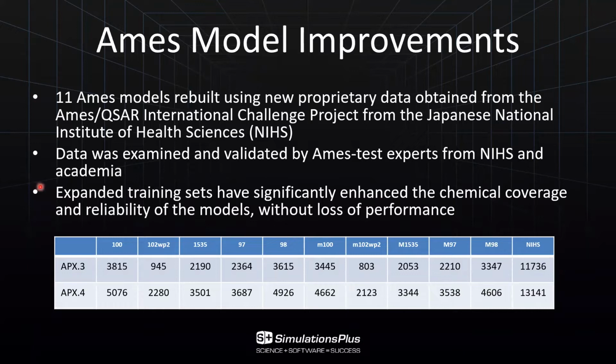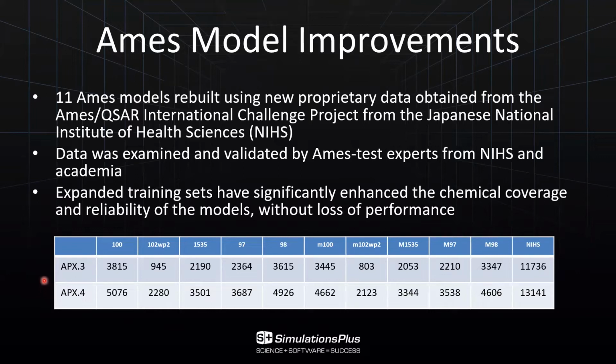The expanded training sets have significantly enhanced the chemical coverage and reliability of the models without loss of performance. And this chart shows the sizes of the training sets in the new APX.4 versus X3. The actual performance statistics for all 11 models are provided in the user manual.